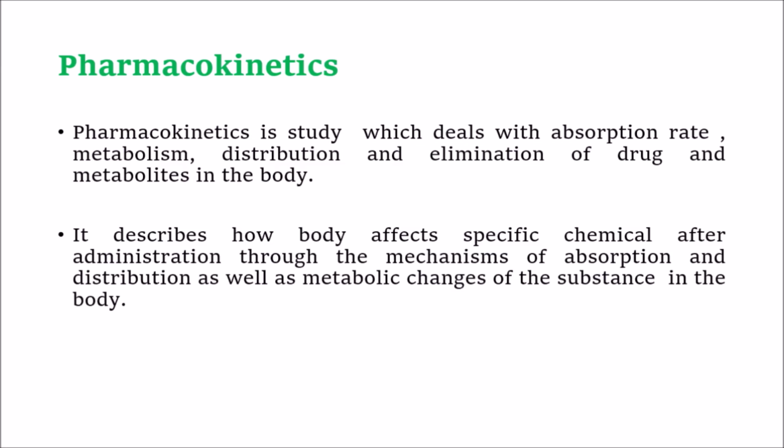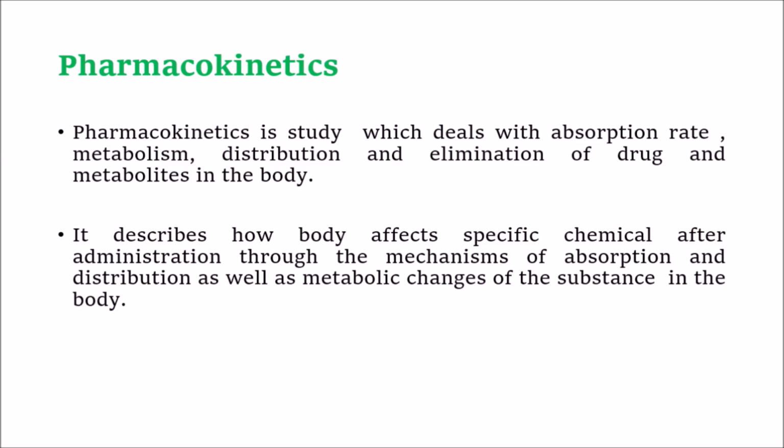It describes how the body affects a specific chemical. In the dose there are chemicals or drugs, so how your body is affecting the specific chemical after administration, means after taking it, through the mechanism of absorption, distribution, as well as metabolic changes of the substance in the body.